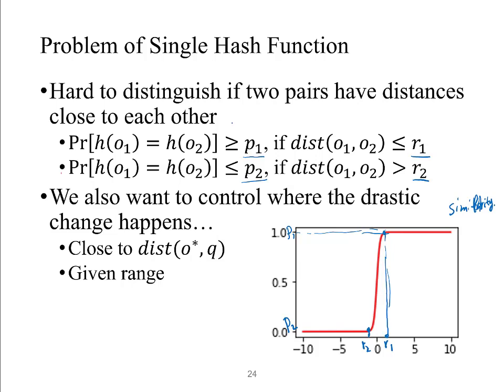Furthermore, we want to control where the drastic change of this curve happens. For example, we want R1 to be close to the distance between O star and Q, or R1 to be like the given range if we do a range search.